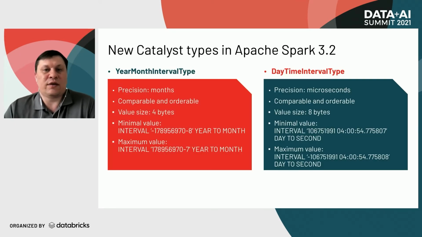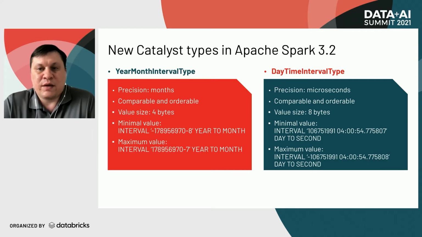So, the new Catalyst types. As I said before, the precision of year-month intervals is months, and the precision of daytime intervals is microseconds, and both types are comparable and orderable. The year-month interval stores values internally as integers, so it consumes just 4 bytes per value.